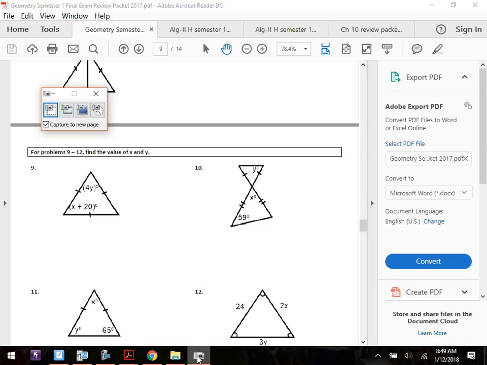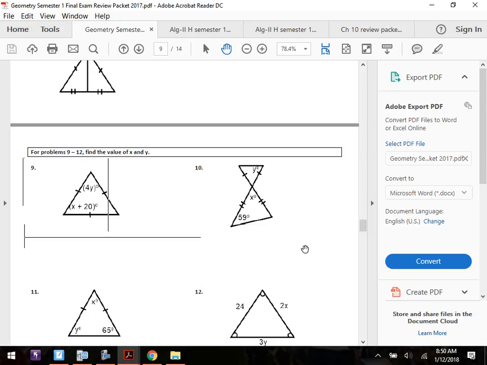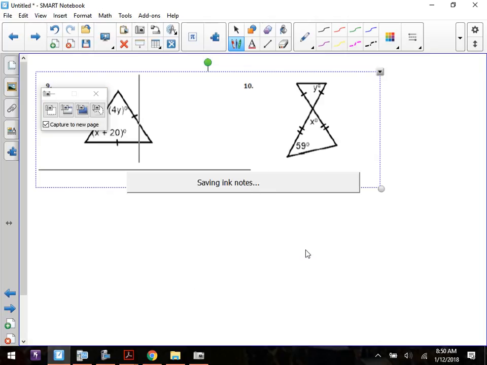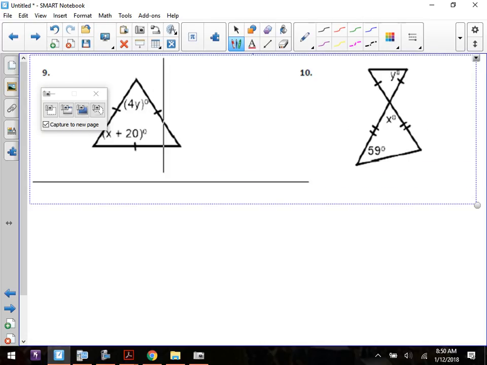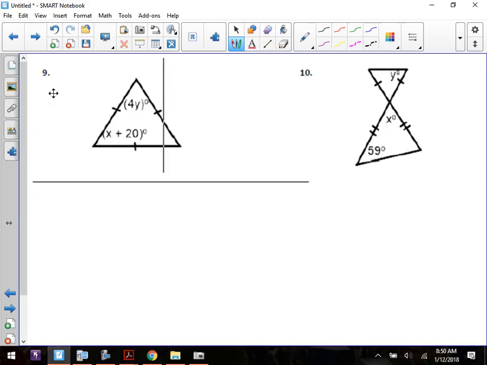Finding values of x and y. This goes back to properties of the triangles. Let's talk about isosceles and equilateral. We'll talk about equilateral first. If you have an equilateral triangle, that means all of your angles have to equal 60.